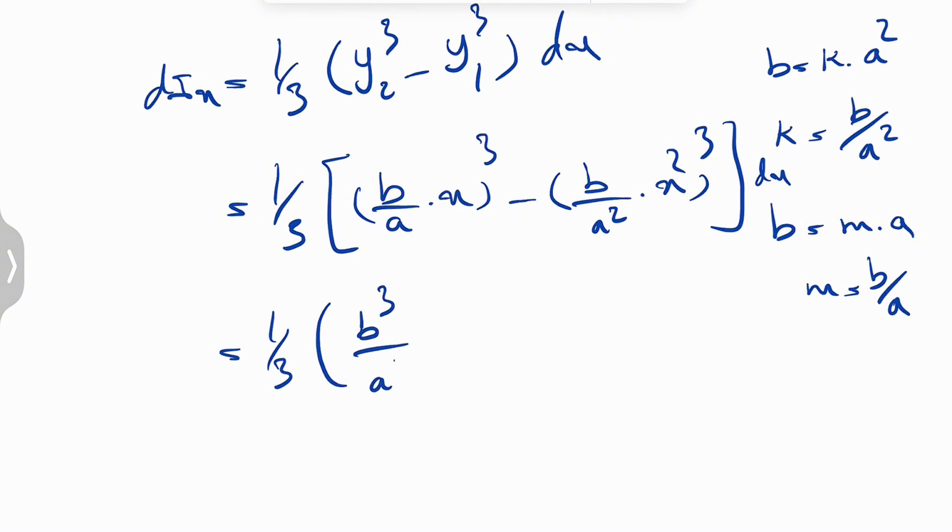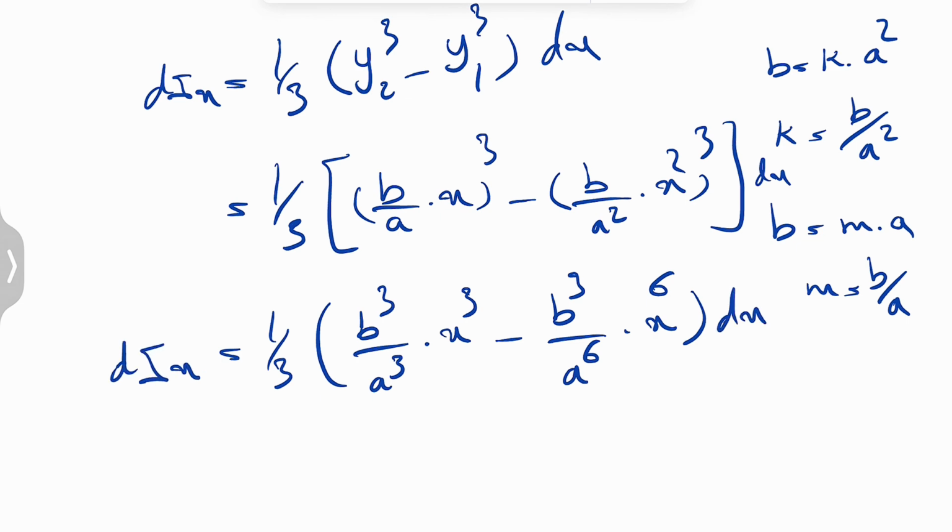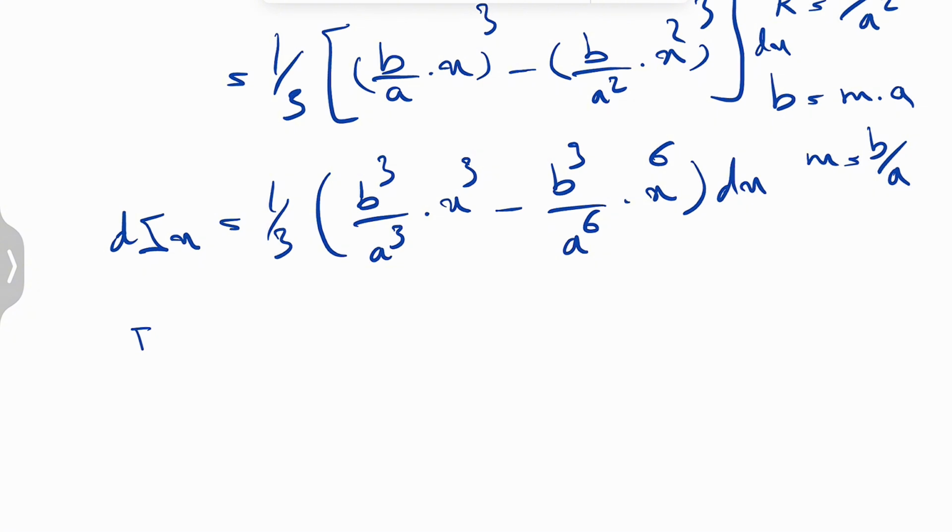b cubed over a cubed times x cubed, minus b cubed over a to the 6 times x to the 6, dx, and we have dIx equal to that. If we do the integral on each side, we're going to have 1/3 of each of these values.